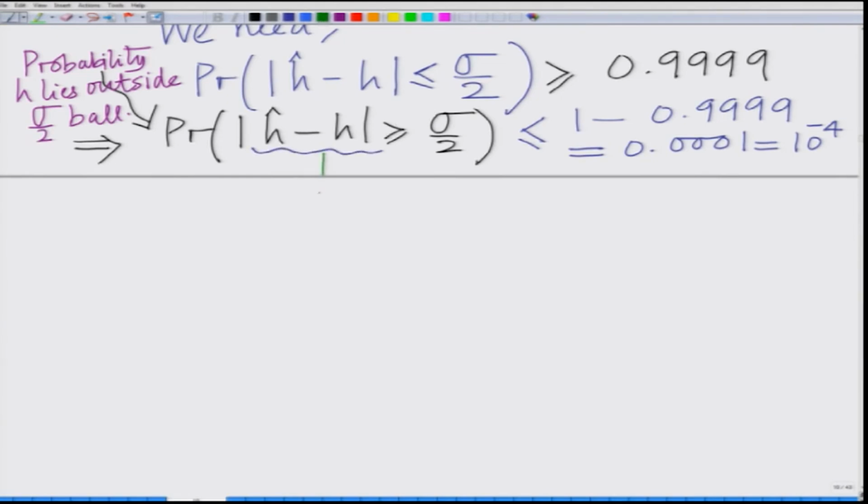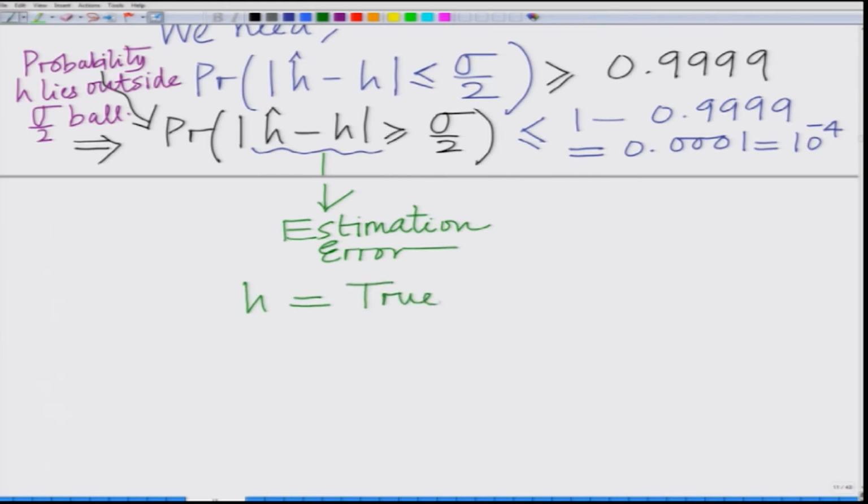Now, you have to realize this is nothing but your estimation error. Because we have h equal to the true parameter, and h hat equals the estimate, that is your MMSE estimate.